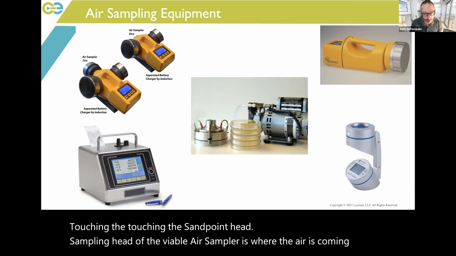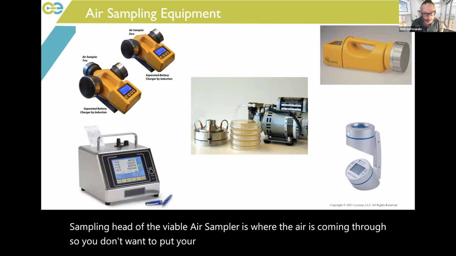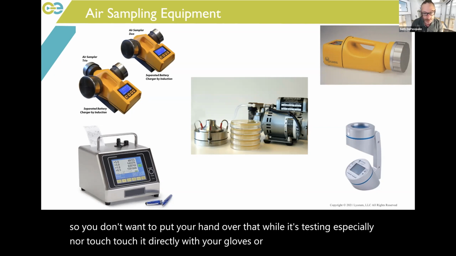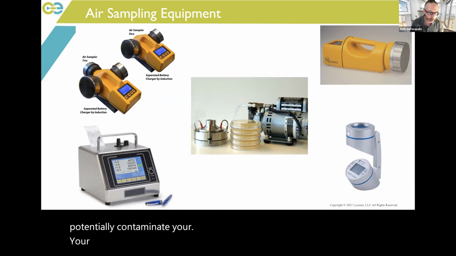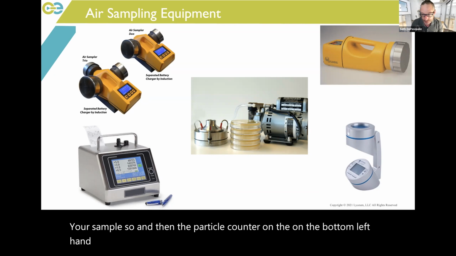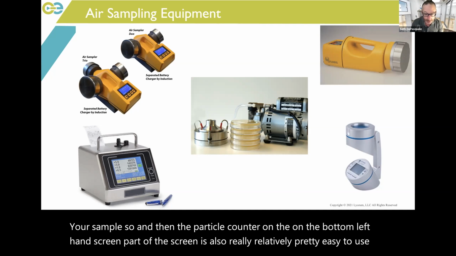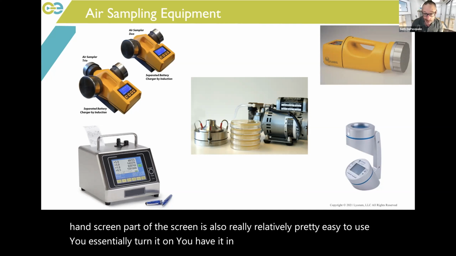So you don't want to put your hand over that while it's testing, especially, nor touch it directly with your gloves or anything to potentially contaminate your sample. And the particle counter on the bottom left-hand part of the screen is also relatively easy to use. You essentially turn it on, you have it in a particular location, and it counts particles. That's about it.